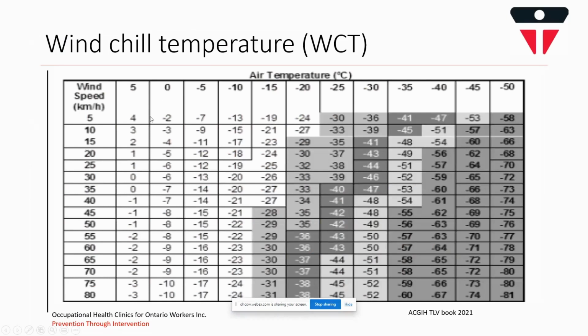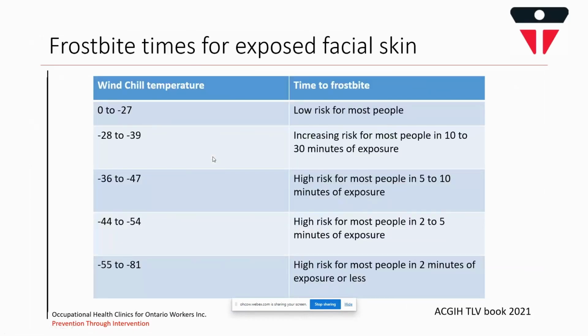So here's the table for finding wind chill temperature. If you have the temperature and the wind speed, you can find the wind chill temperature. And then you can also find out at what temperature the risk for frostbite begins, right?